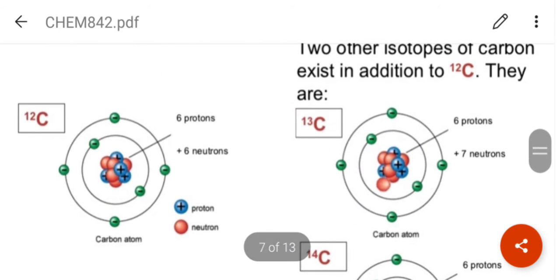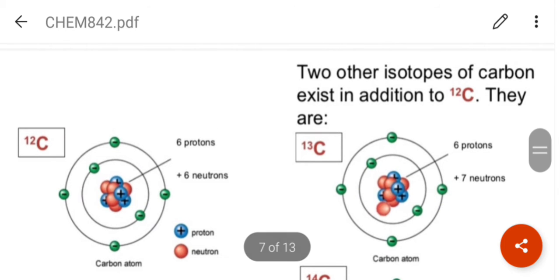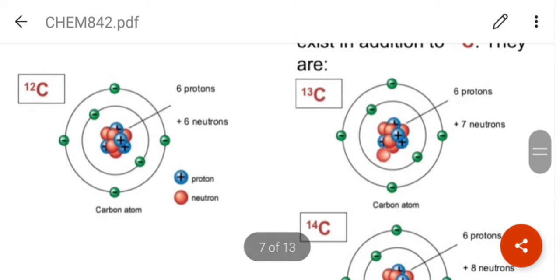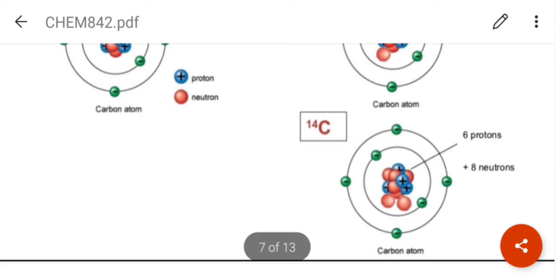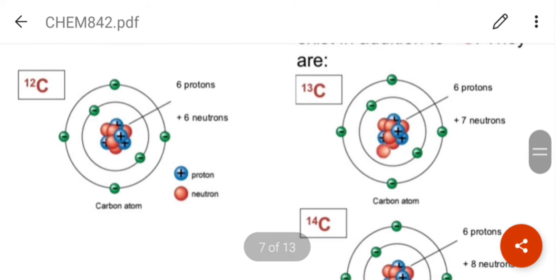Now here I will show you examples of isotopes of carbon, 12C6, 13C6 and 14C6. In 12C6 it has 6 protons, 6 neutrons, and 6 electrons.